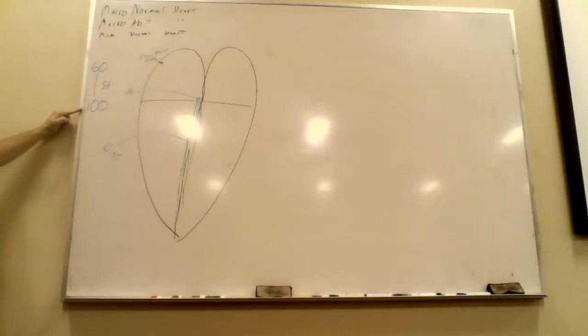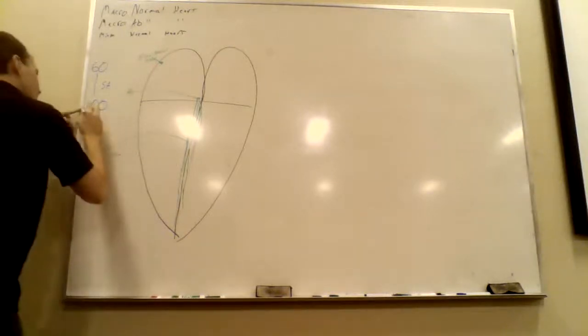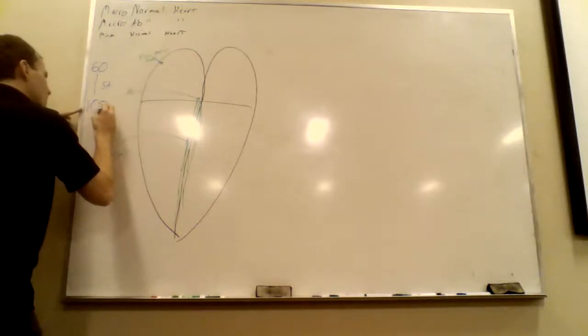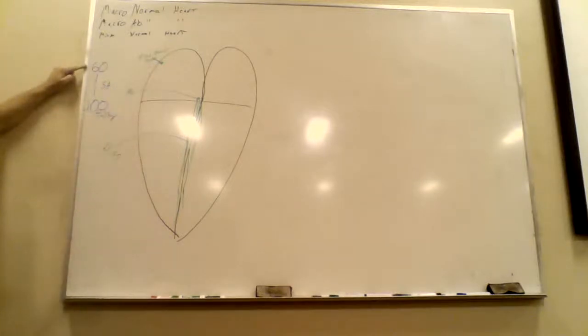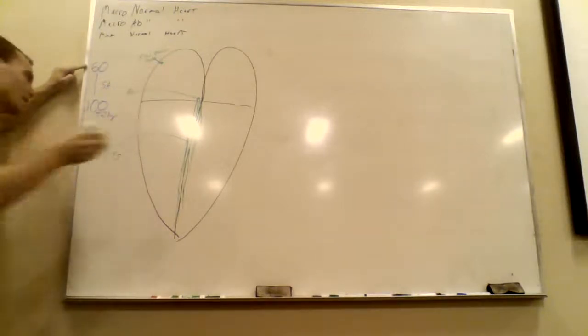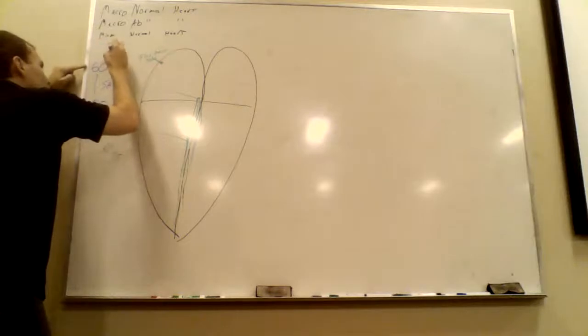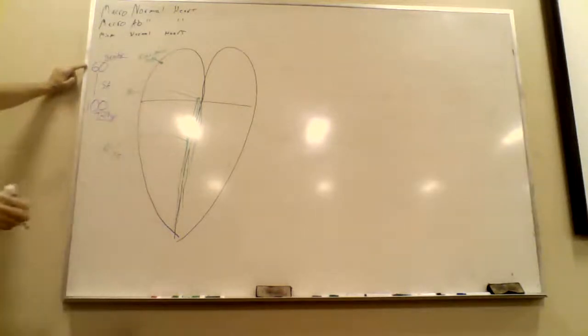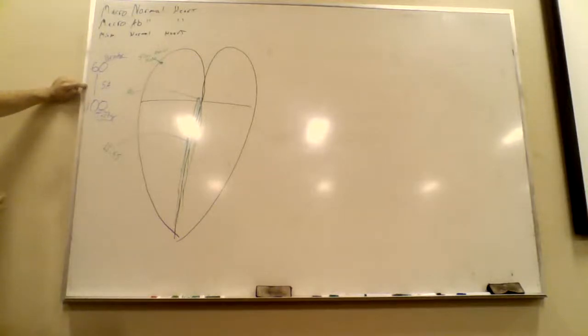Anyone want to take a stab? Tachycardia. Excellent. If it's below 60, it's got a special term. Bradycardia. So we have tachy and brady. All right. Sinoatrial node controlling the speed, typically between 60 to 100.